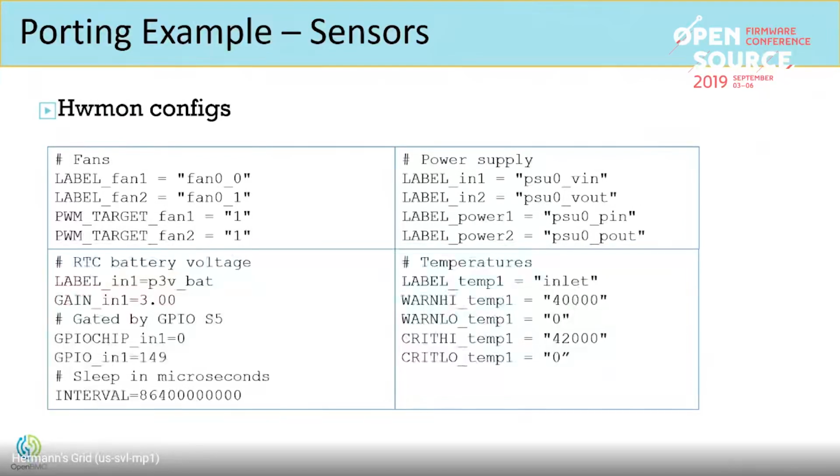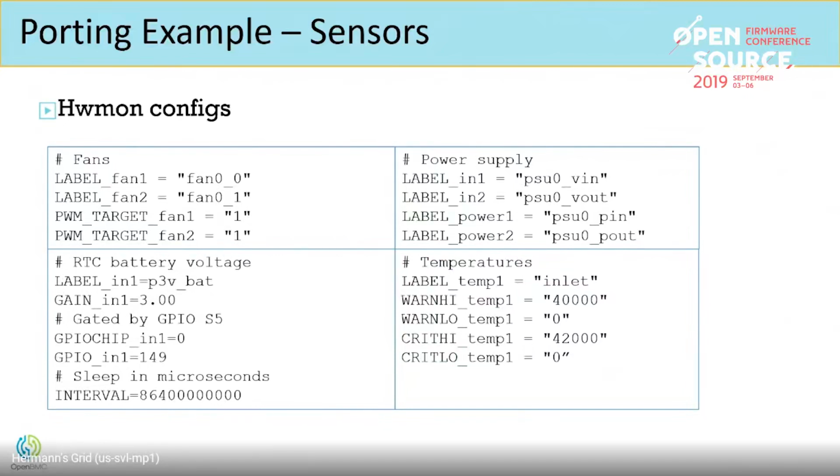It will create two fans with the config, and the PWM target setting makes the fan use the PWM as the target instead of the speed. So if the fan controller wants to set the fan speed, it just sets the PWM instead of the fan speed attribute.